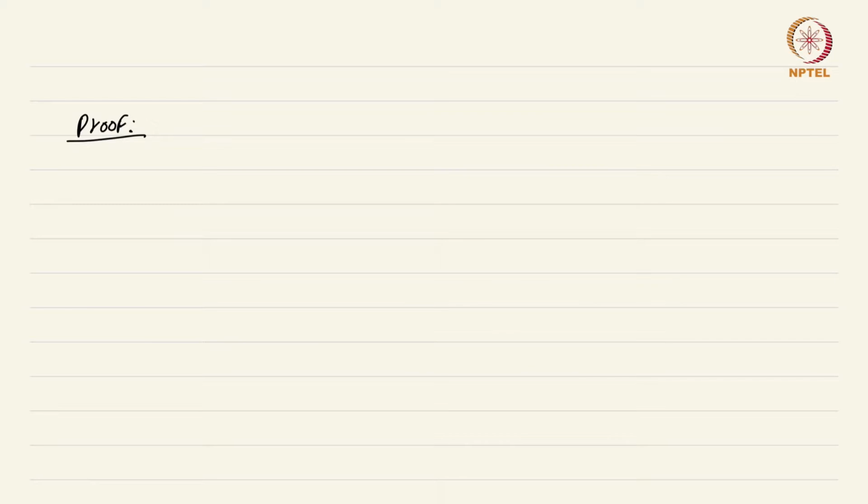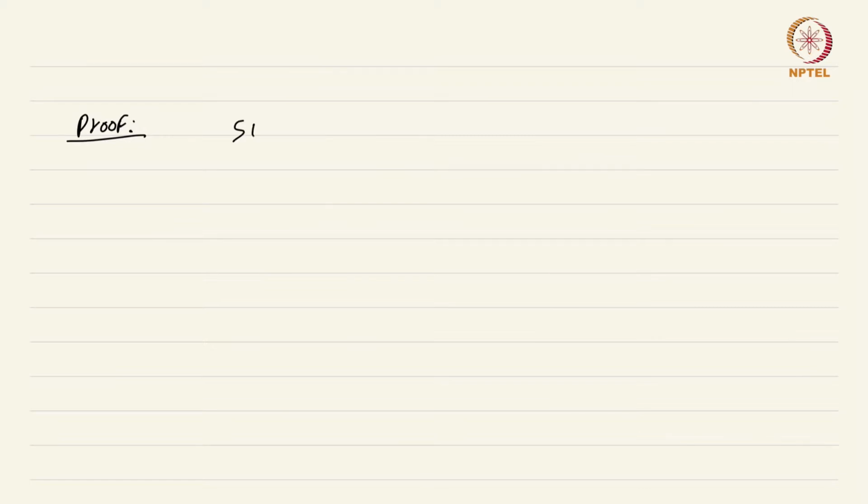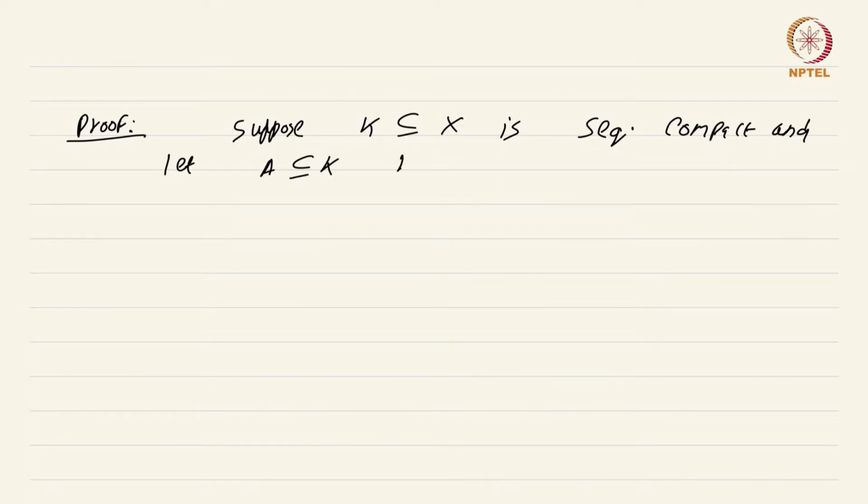Now what I'm going to do is I'm first going to show that any sequentially compact set must necessarily have the Bolzano Weierstrass property. So suppose K subset of X is sequentially compact, and let A subset of K be an infinite set.